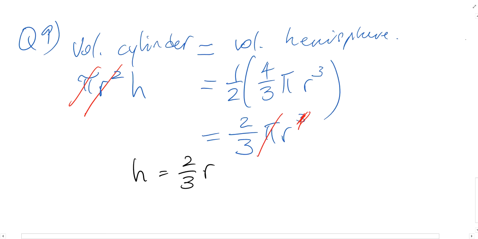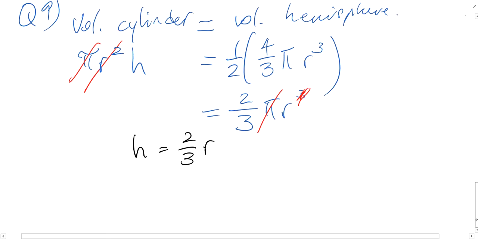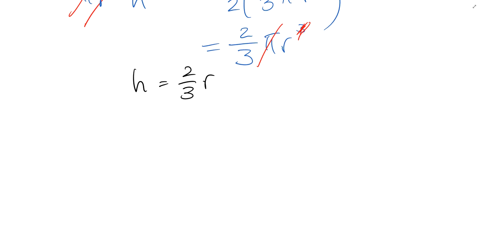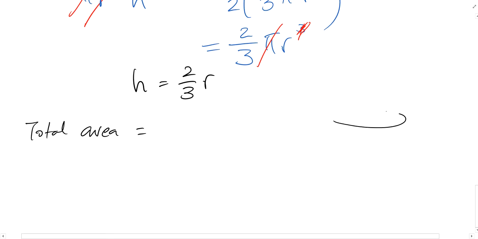Now find the total surface area of the cylinder. Total area of the cylinder is given to be, there are two circles, top and bottom, then I have the curved surface area. So now, total area is made up of the two circles first.